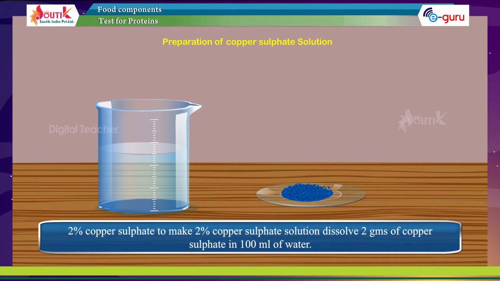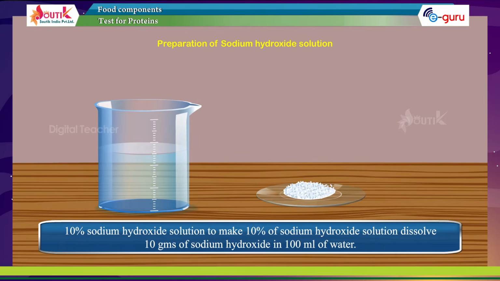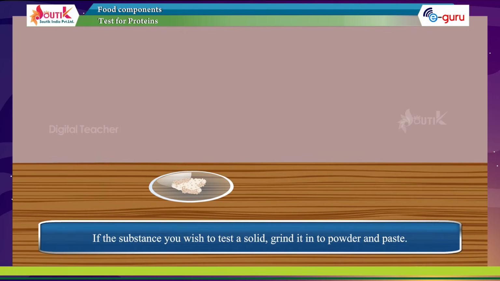Test for proteins. 2% copper sulfate. To make 2% copper sulfate solution, dissolve 2 grams of copper sulfate in 100 milliliters of water. 10% sodium hydroxide solution. To make 10% sodium hydroxide solution, dissolve 10 grams of sodium hydroxide in 100 milliliters of water. If the substance you wish to test is solid, grind it into powder and paste.